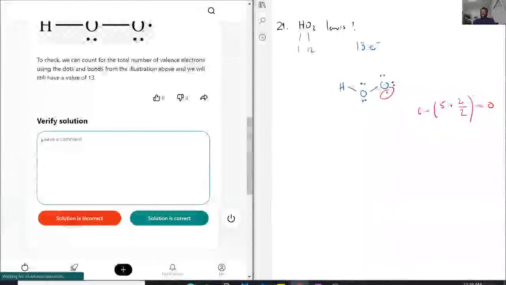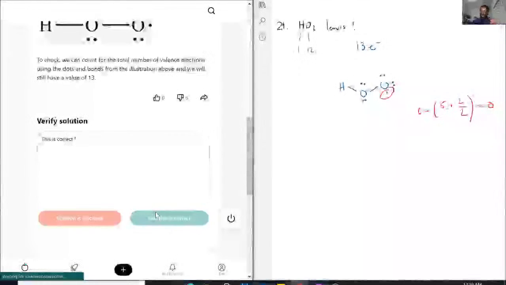There are some things in nature, as for example this one, that do come in just a radical form. So this is correct. There's nothing else we can do to change it. No matter where we try to move this unpaired electron, it wouldn't disappear. It would always be present. So yeah, very strange, very interesting actually.